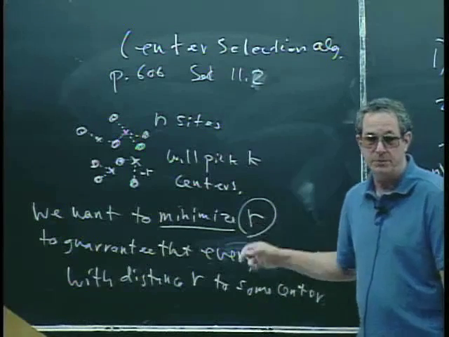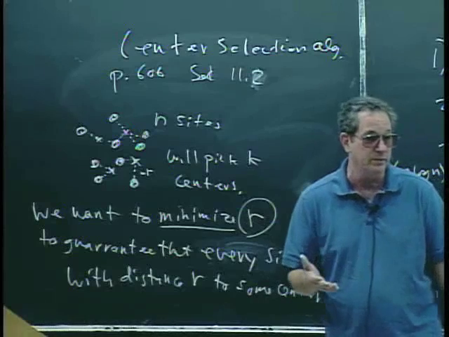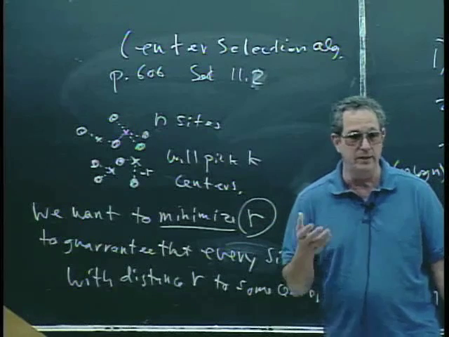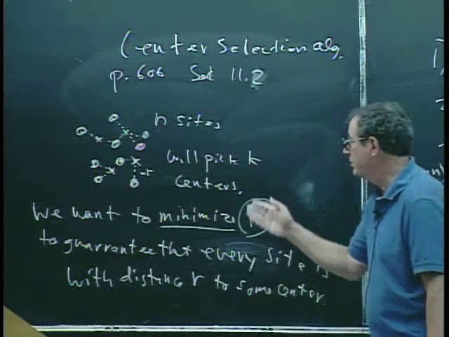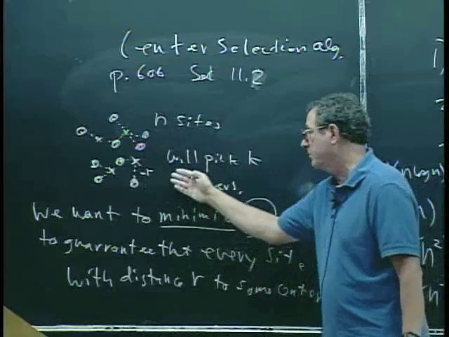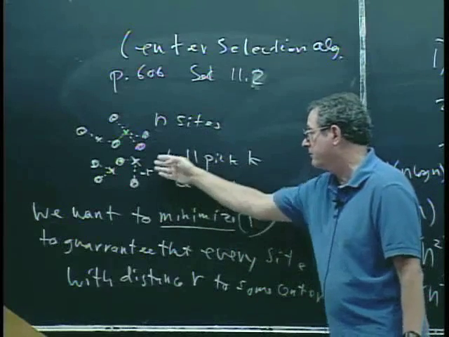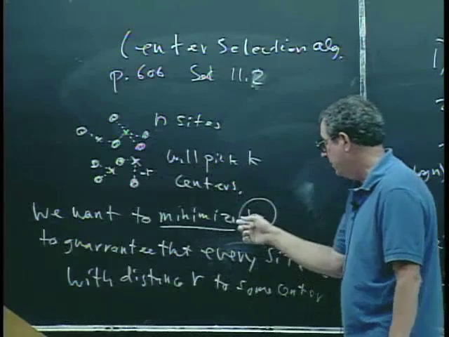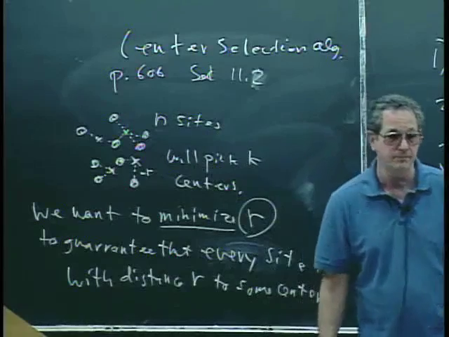If r is the absolute minimum, but we don't know what r is, then the algorithm will produce a solution where we can prove that the distance of any one of the sites to a center is less than or equal to 2r. Okay?